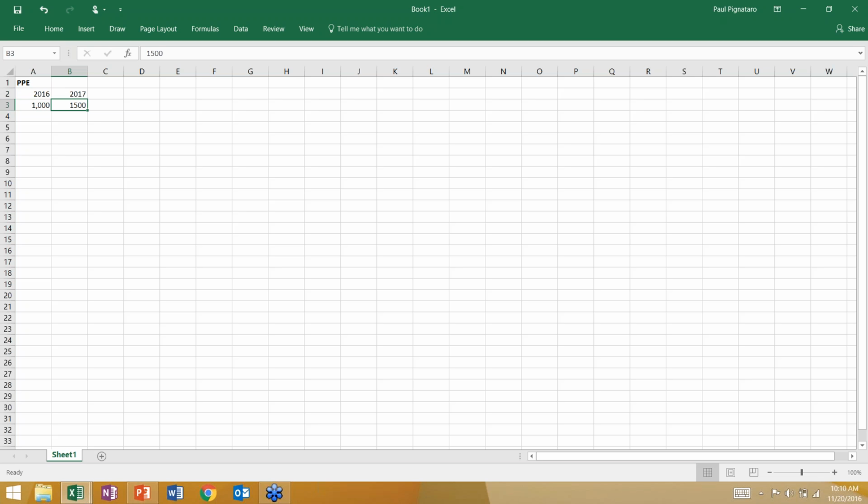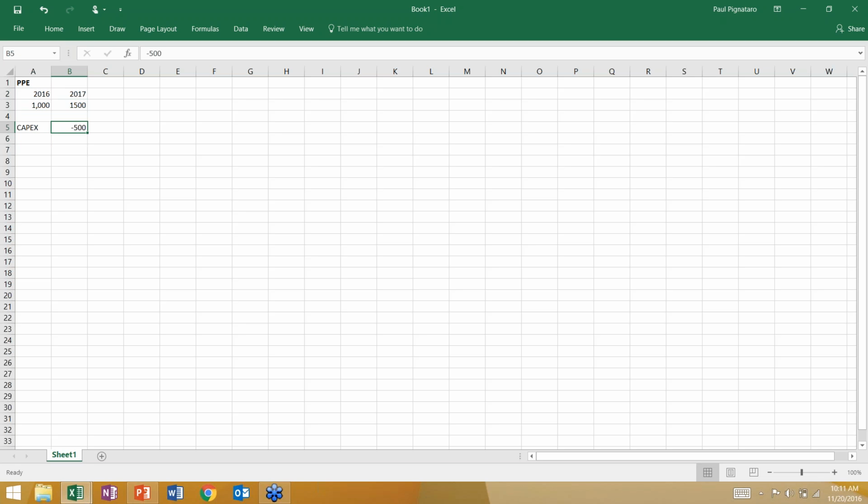But there's a problem. If I'm using this to back into the cash flow statement, this could mean I have CapEx of 500 on my cash flow statement. It's negative in the cash flow statement because it's a cash outflow, and we'll talk about that.